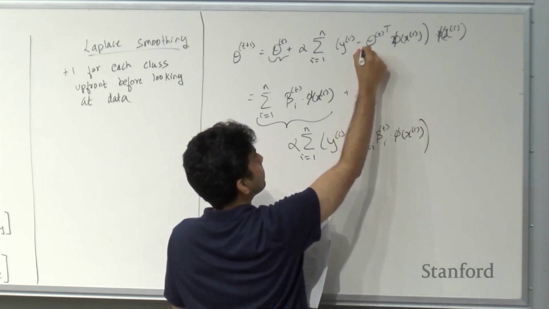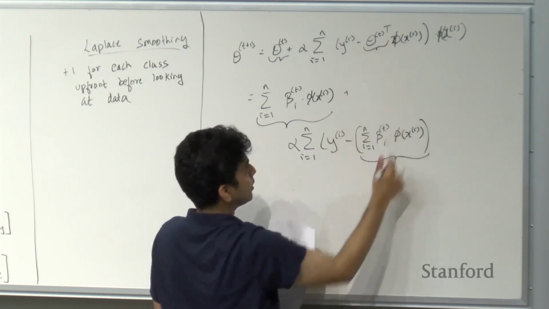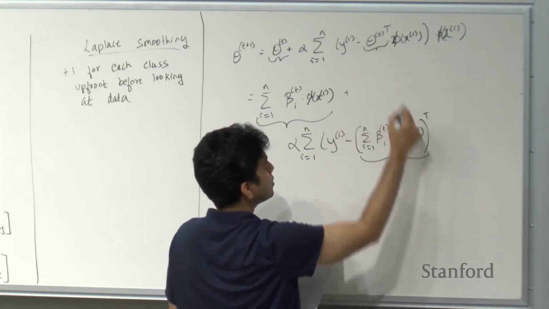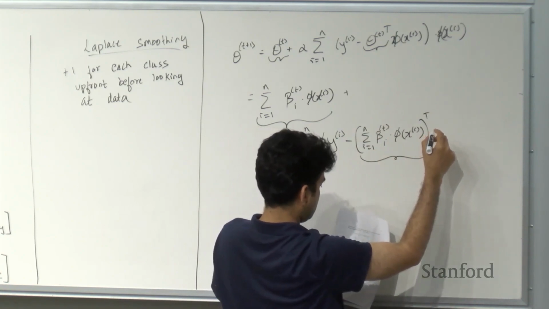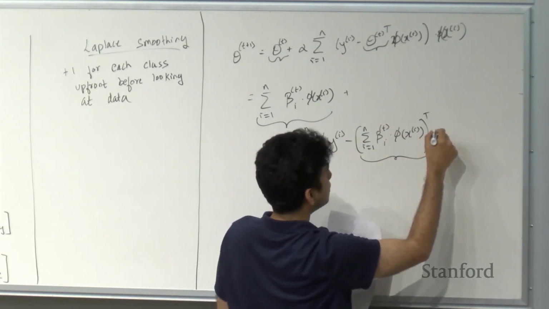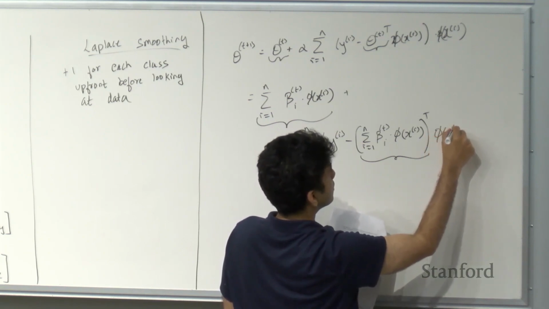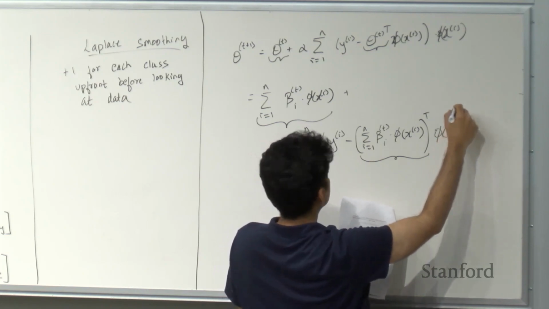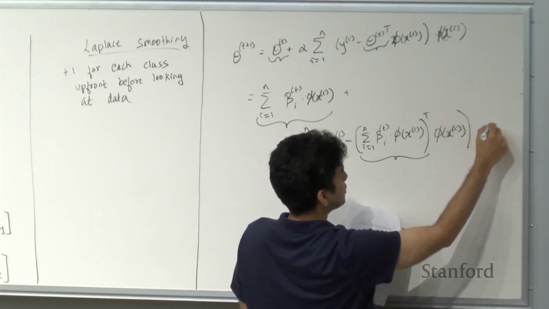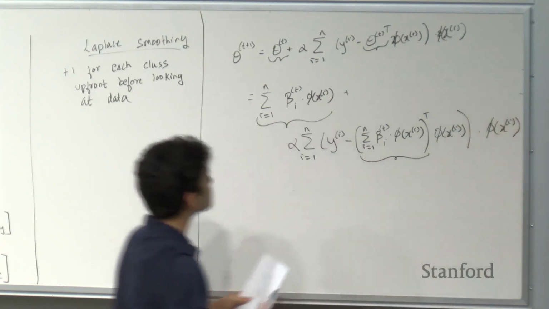So this is the theta transpose phi of xi times phi of xi.